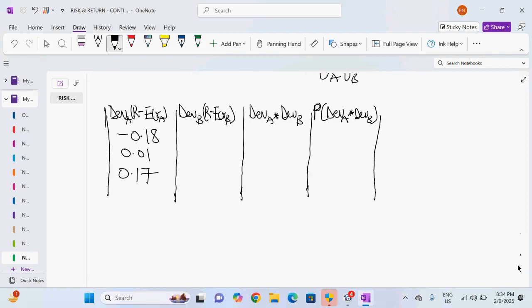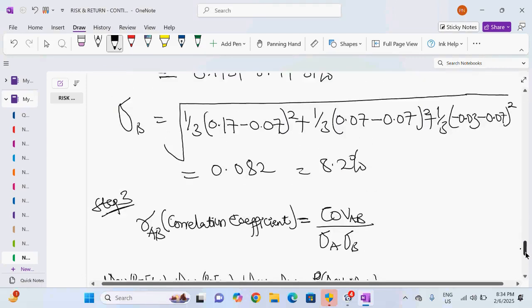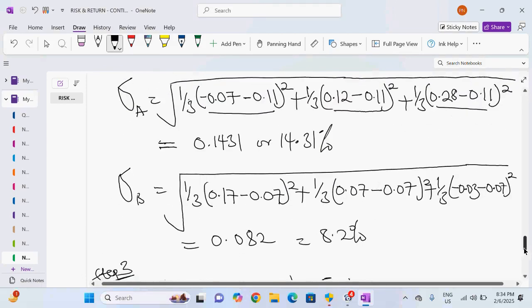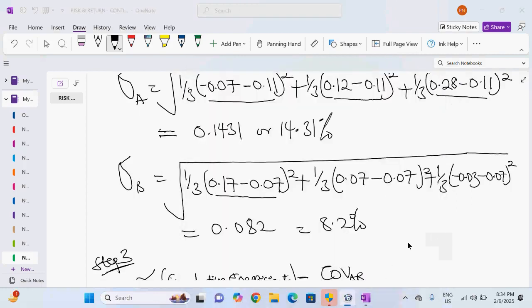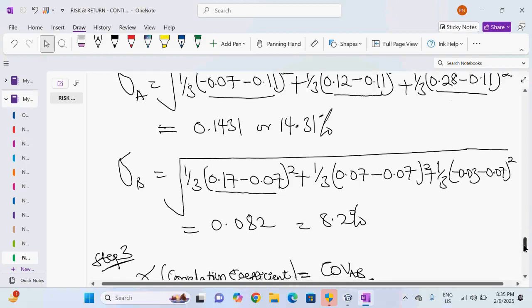0.17. Then we go to stock B. Zero point one, 0.1. Okay.